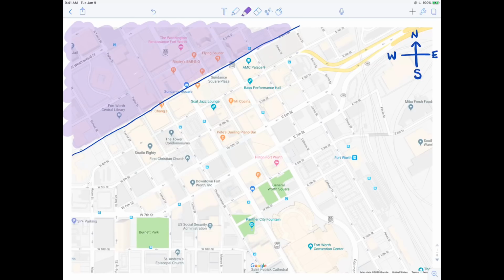But another clue I'm going to give you is that I'm somewhere east of Throckmorton. Throckmorton's written kind of small, but find Throckmorton Street and think about how you could show I'm somewhere east of Throckmorton Street. So I'm somewhere east of Throckmorton Street.